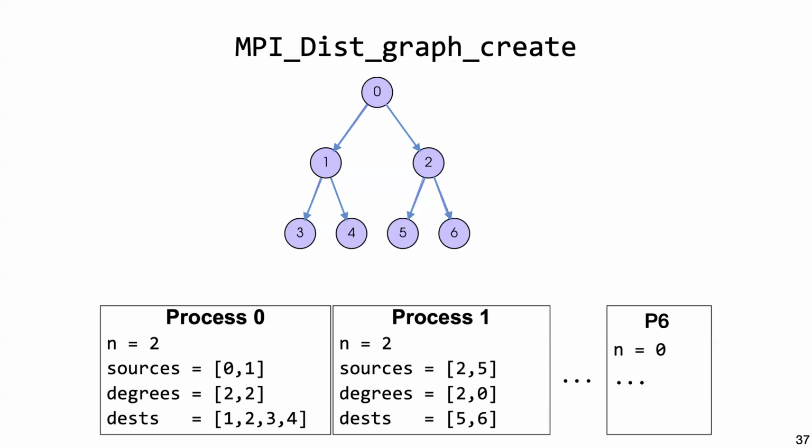So here, 0 has degree 2, 1 has degree 2, but for 2 and 5, 5 has no out degree, so that's why its degree is 0. And then 2 has 5, 6 here. Other questions?